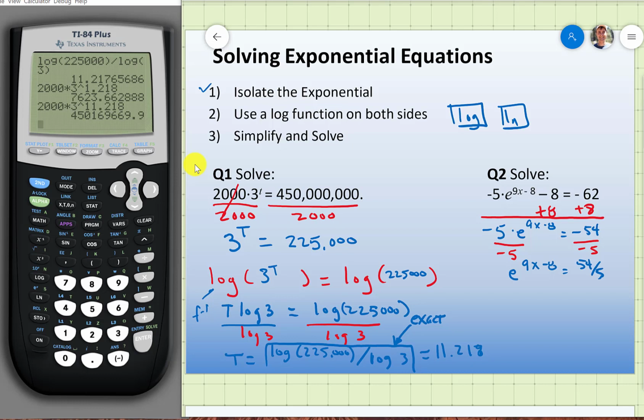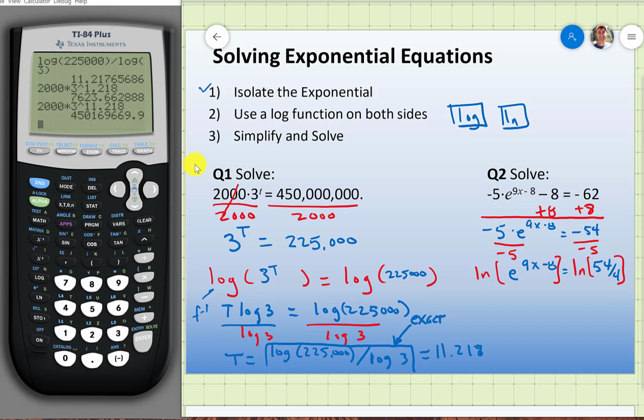And in this problem here, it's going to be the most natural to use the natural log because it's base e. I'm going to use natural log on this side and natural log on that side. And the natural log of exponential base e is going to cancel that one out.